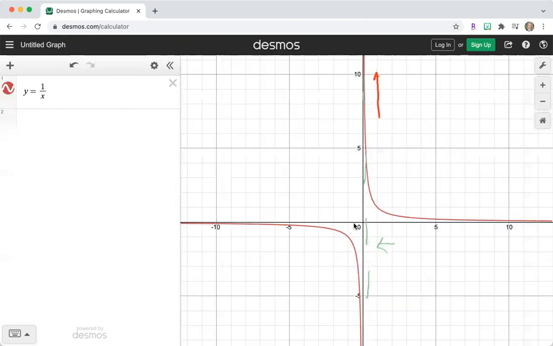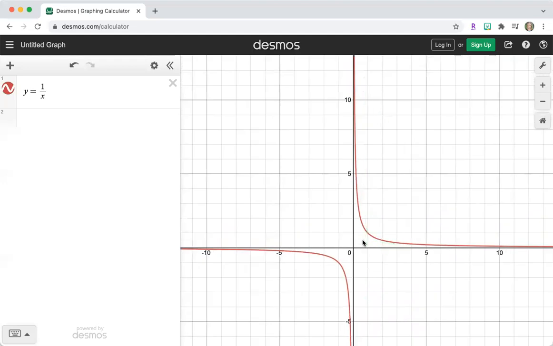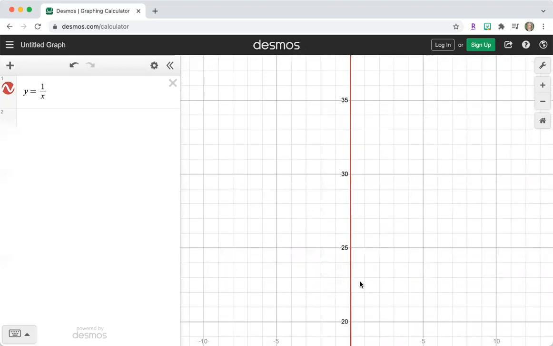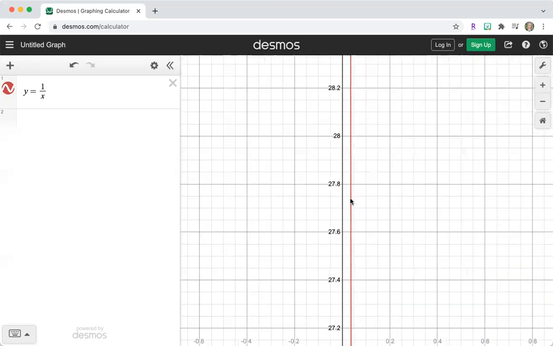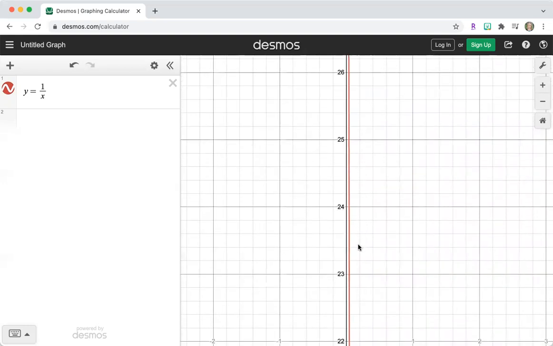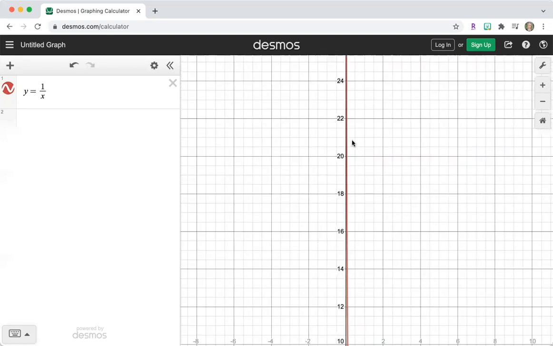Let me clear those annotations, sorry. If you keep scrolling, it kind of looks like it's there, but if you zoom in, this graph, the red line, is getting closer and closer to the y-axis, but it's not actually touching it, and it never will.